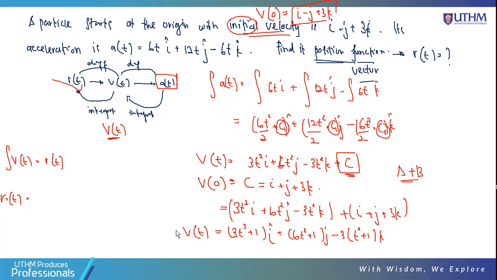so you integrate 3t kuasa 2 bagi 3, so you akan dapat t kuasa 3 plus t, so this one for the i, 2t kuasa 3, and 3 bagi 2, 2t kuasa 3 plus t j, okay, plus minus t kuasa 3 plus t.